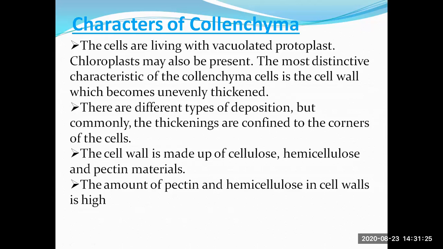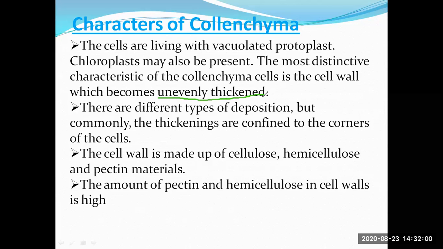Sometimes they may have chloroplast. The most distinctive character of collenchyma cells is that the cell wall becomes unevenly thickened. This is a very important character, just remember. Different types of cell wall depositions we will see in collenchyma.